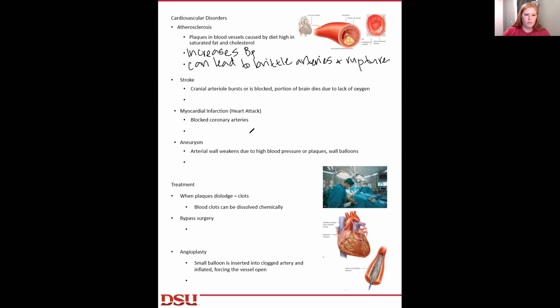Stroke. A stroke is when an arteriole in the brain or in the cranium bursts or becomes blocked, and a portion of the brain dies because of lack of oxygen. So it's like the blood is being pumped, you're breathing, your heart's working, but because of a blockage or a rupture, the blood isn't getting to all of the brain. And so the cells start to die, and then larger parts of the brain start to die.